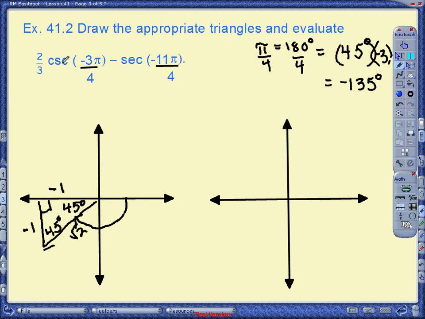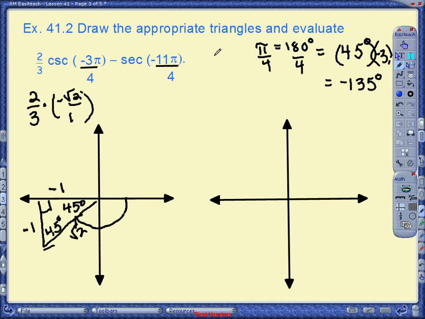So the cosecant of this, cosecant is the reciprocal of sine, is root 2 over the opposite side, which is -1. Hypotenuse over opposite. So I would have 2/3 times -√2 over 1.